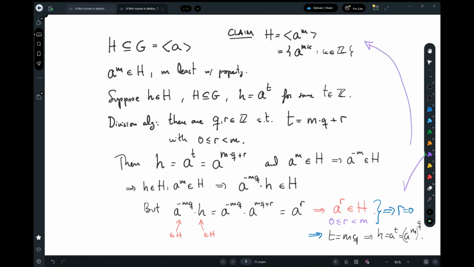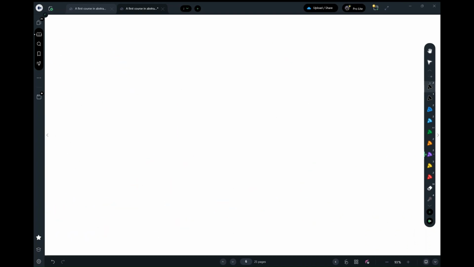Okay. And that means then that H is indeed also cyclic. So we have that every subgroup of a cyclic group is also cyclic. That's what we just proved. So let me use that to prove something, actually.